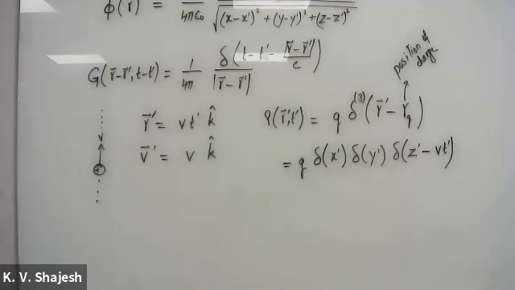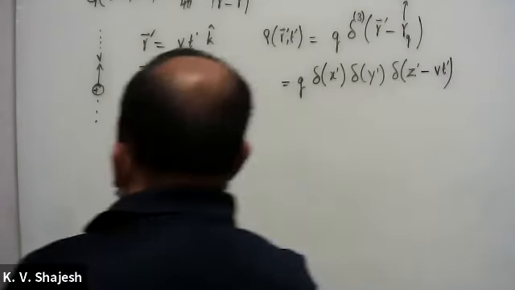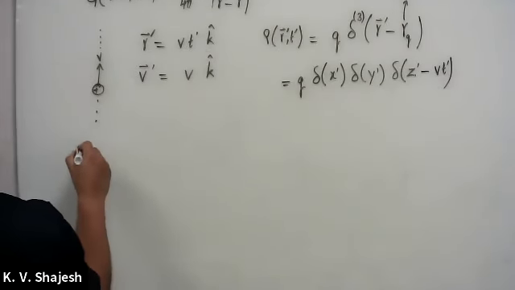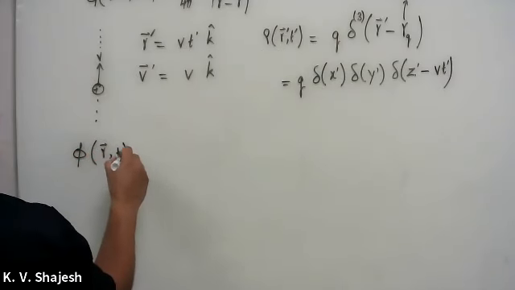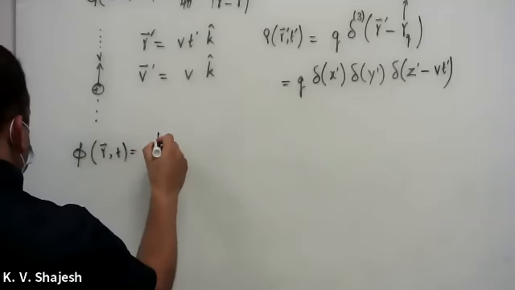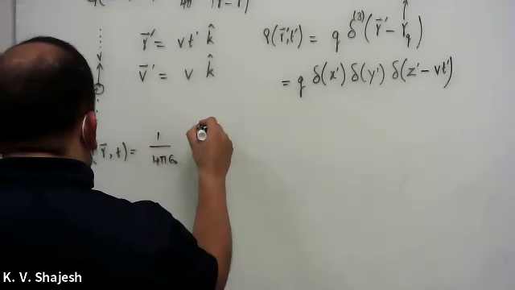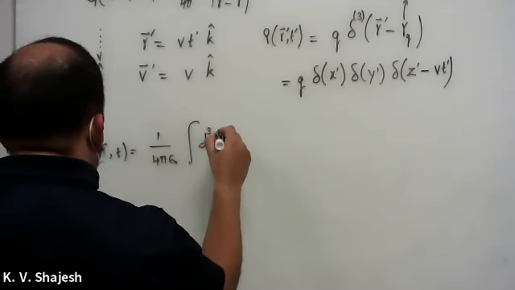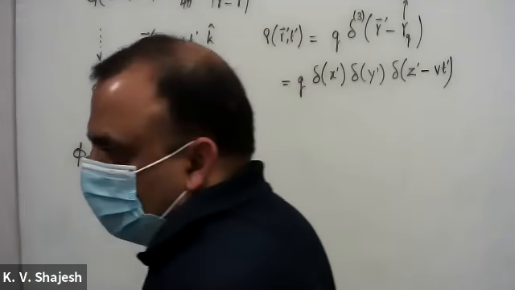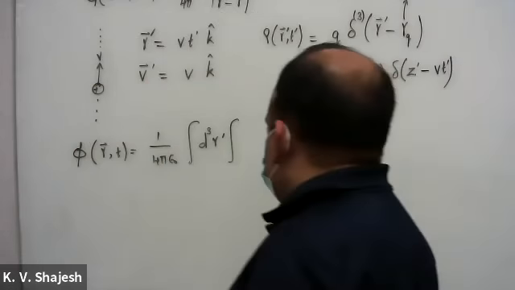And from that point on, we have to get our potential. So let's write the expression for the potential. The electric potential due to a moving point charge at time t will be equal to the integral over all positions; this is a superposition principle, but now we have to integrate over time also. That's the only difference.